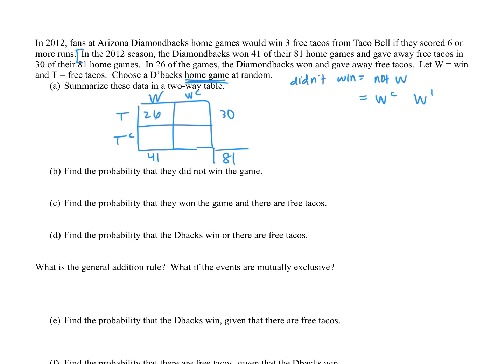Now, we should have enough information to fill out the rest of the table. If they gave away free tacos 30 times, 26 happened here, which means 4 goes here. So there were 4 games where they did not win, but they still had to give away free tacos. Likewise, here, if I have a sum of 41 and 26 games happened here, the remaining 15 are going to happen here.